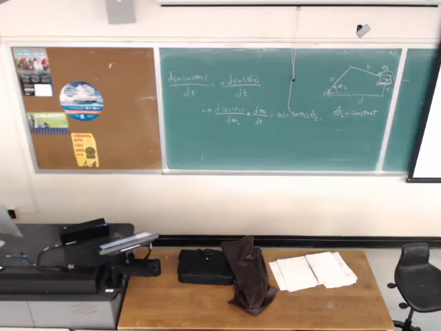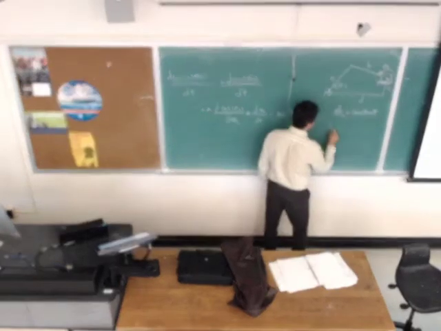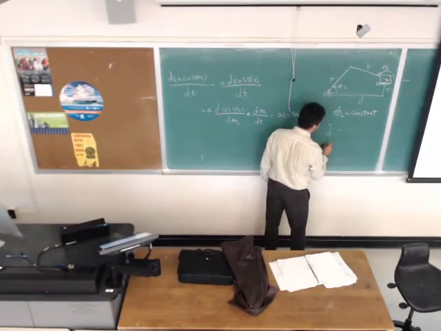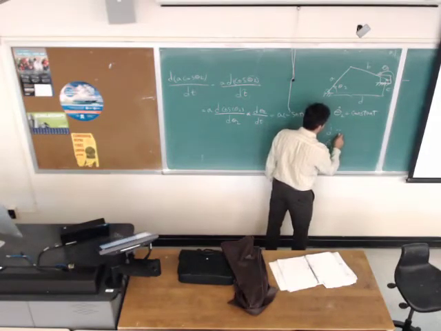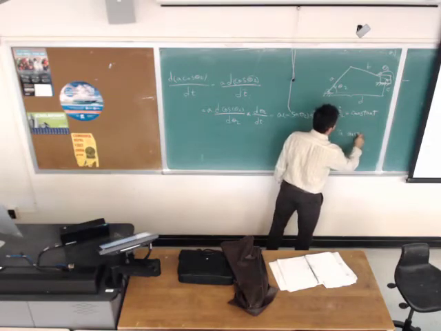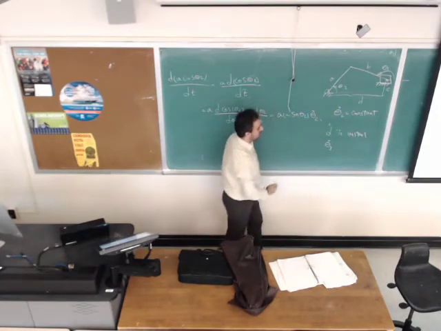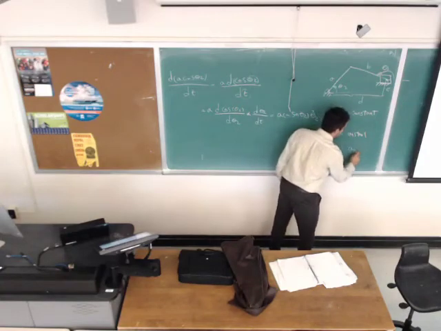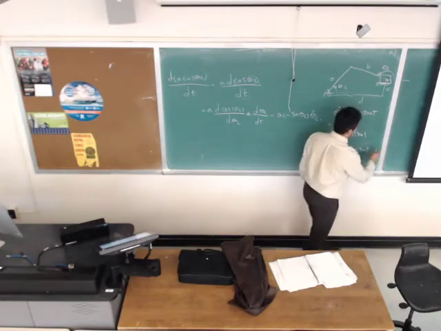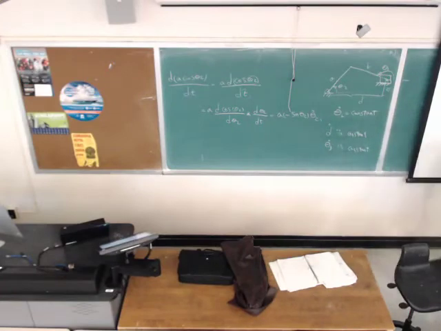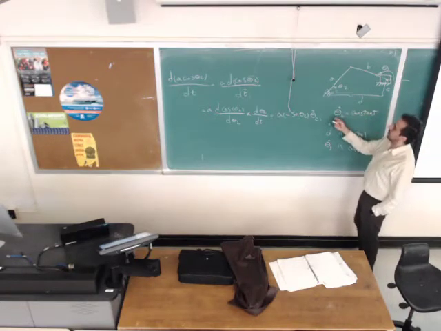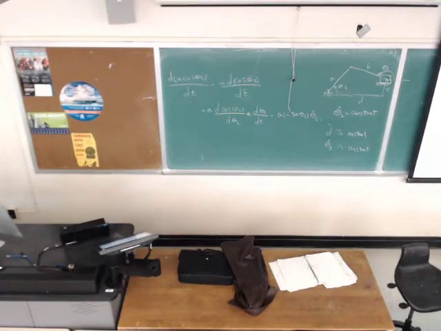Can I say that d dot and theta dot 3 would be constant as well, at different values of theta 2? So when the mechanism is running at the constant velocity, at any value of theta 2, theta dot 2 is constant because the input velocity is constant.